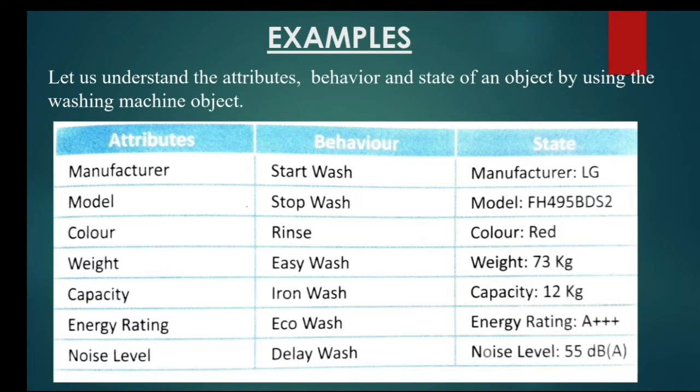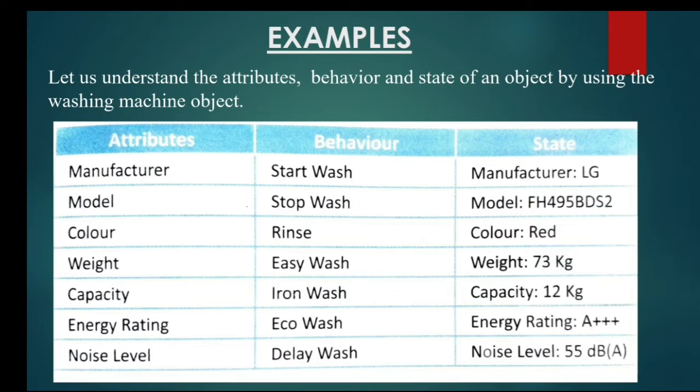Manufacturer is LG and the model number is FH495BDS2 and the color is red, weight is 73 kg, capacity is 12 kg, energy rating is A triple plus and noise level is 52 dBA. These are the state of the washing machine.